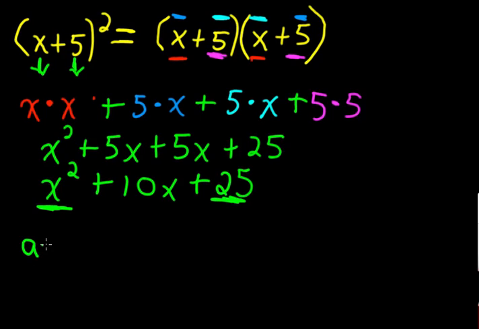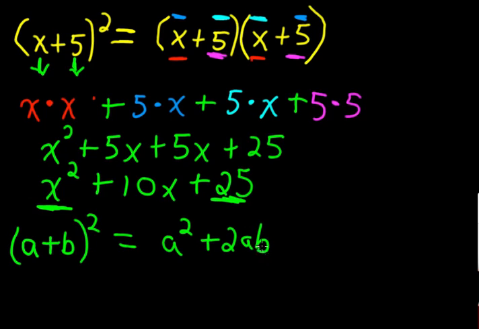So the pattern people say is if you have some binomial squared, the answer is always a squared plus 2ab plus b squared. And that's the overall pattern. And the 2ab comes through, if you notice up here, because in squaring you have the exact same thing in the middle terms, that's the same as multiplying by 2.